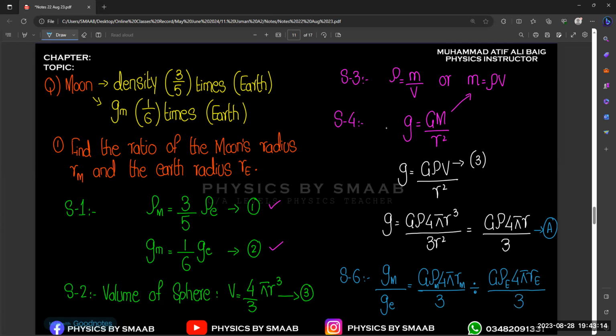And you know what will happen: this 3 will cancel each other, 4 will cancel each other. Only those quantities which are different, like the density of moon and the radius of moon are separate from the density of earth and the radius of earth, right? Otherwise G, 4, pi, 3, all quantities are constant, they will cancel out each other.